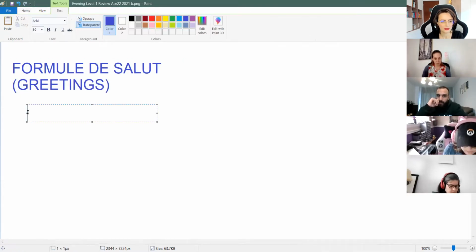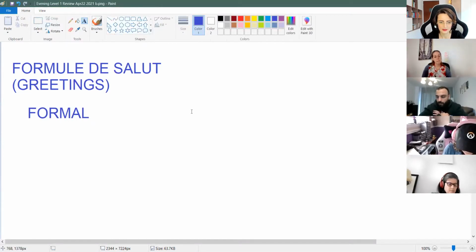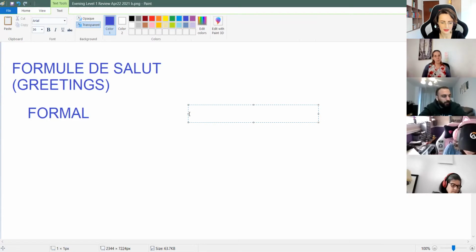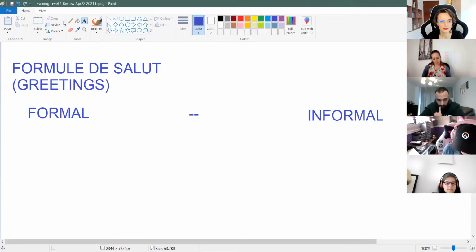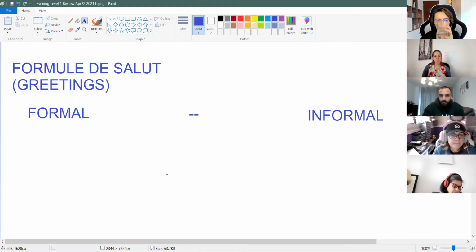Now, if we were to divide them in formal and intermediate and then informal, what would go on each side? What formal, informal greetings do you know? Formal would be like bună dimineața.